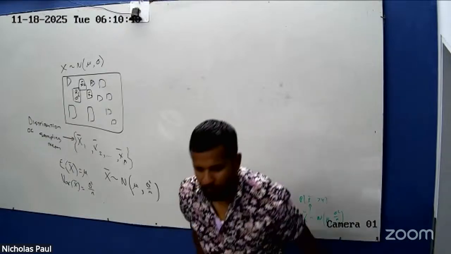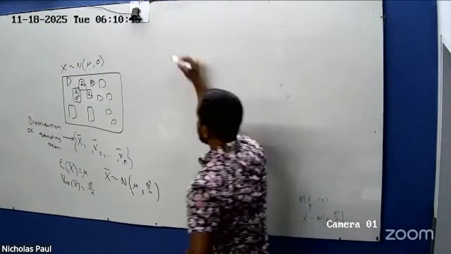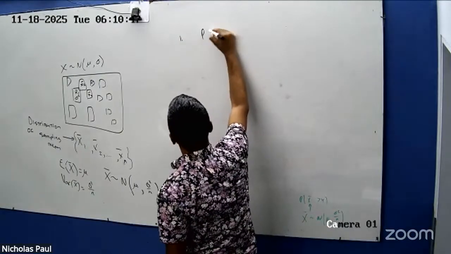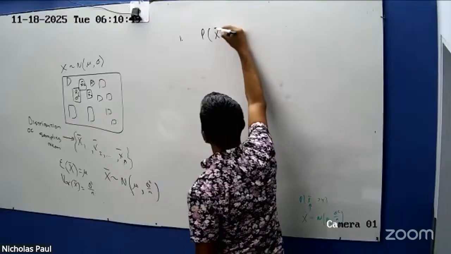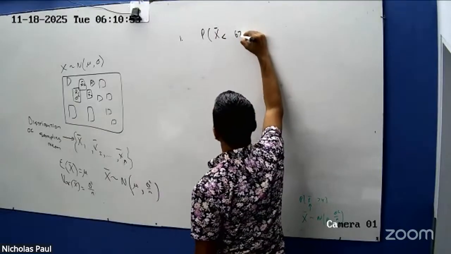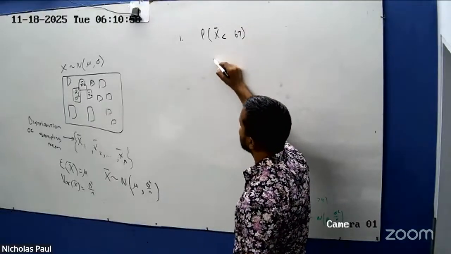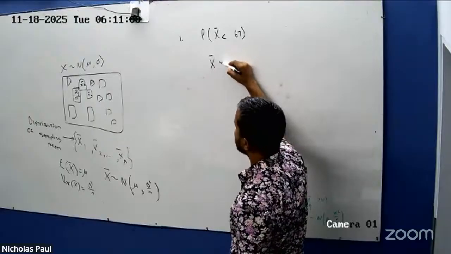All right. So I'll do this one to make sure you understand what to do. Number one, what do they ask us for? The probability that the mean mass is less than 67. Because they tell us about the mean, we need to know how the mean behaves.